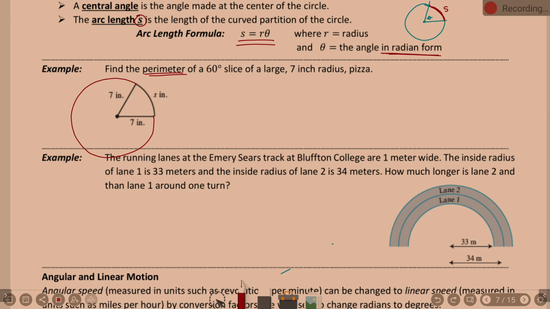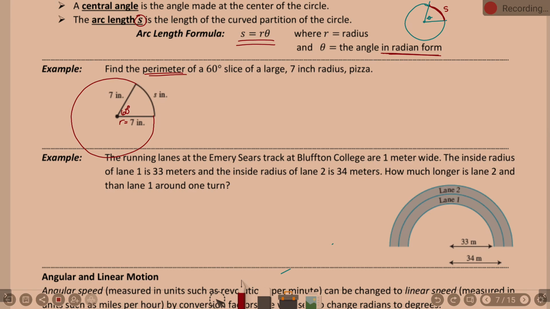Okay. It says it's a 60-degree slice. So what is that 60 degrees? That's that central angle right there. So it's a 60-degree slice, going from the center out of a large 7-inch radius pizza. Well, your radius goes from center to the edge, so that's already labeled, yes?